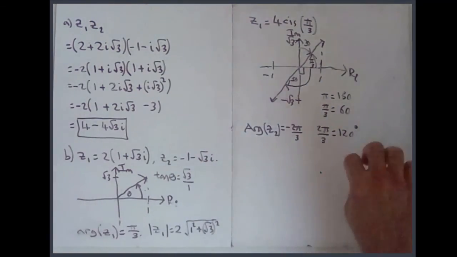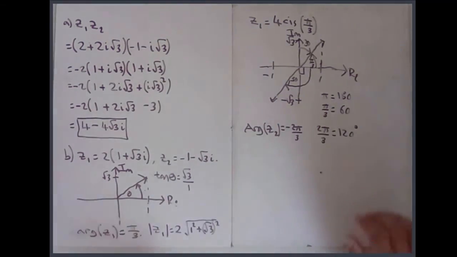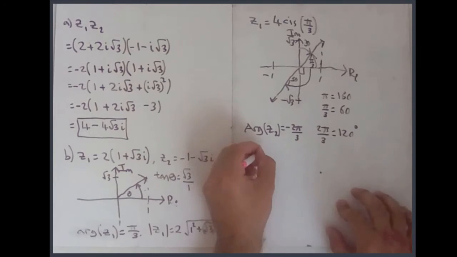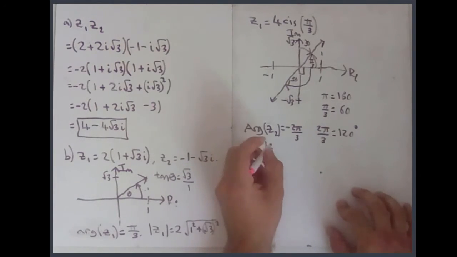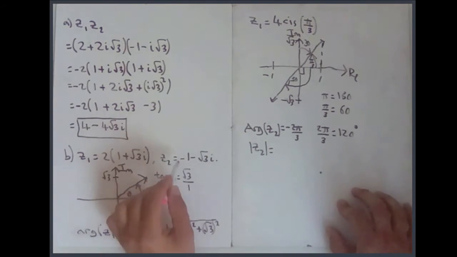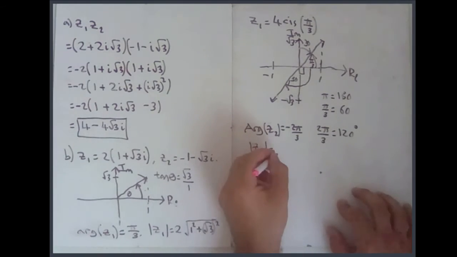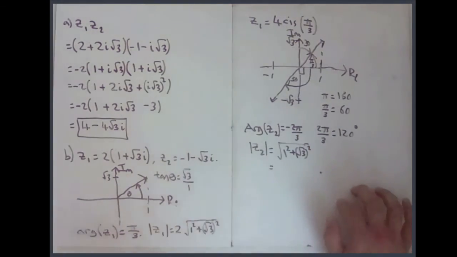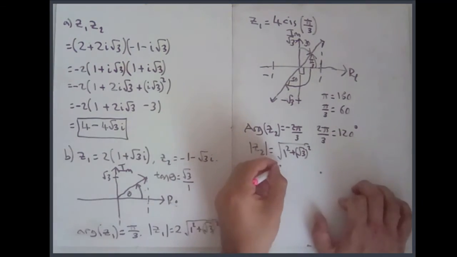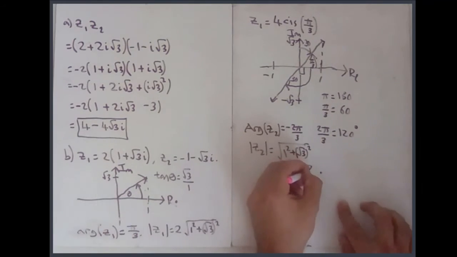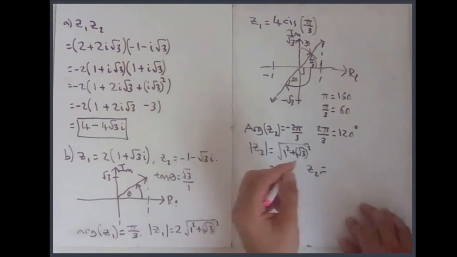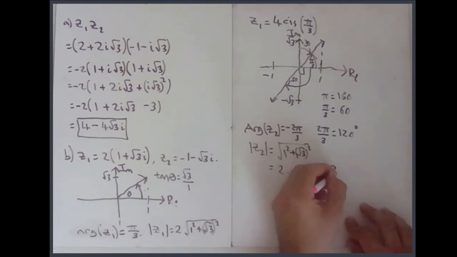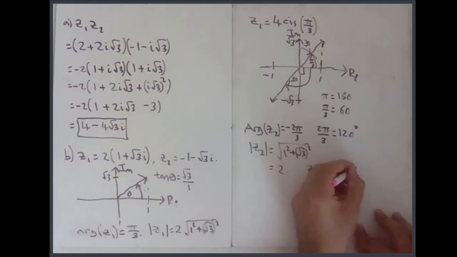Okay, the modulus of Z2 is going to be the square root of 1 squared plus root 3 squared. 1 plus 3 is 4, square root of 4 is 2. Okay, so that means Z2 equals 2 cis minus 2 pi by 3.